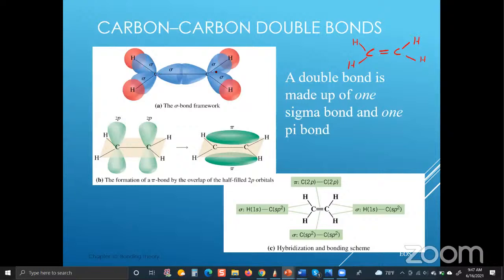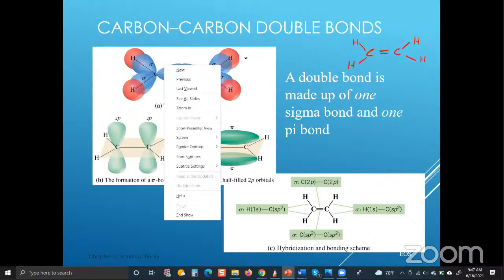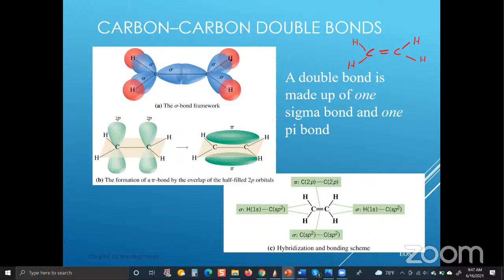These are all formed as a result of an overlap of an sp3 orbital, excuse me, with a 1s orbital. So these are all sigma bonds. And there's also a sigma bond formed between this carbon and this carbon. This overlap is the result of this sp3 orbital overlapping with this sp3 orbital. So basically, we call this the sigma framework. It shows you all the sigma bonds within this molecule.